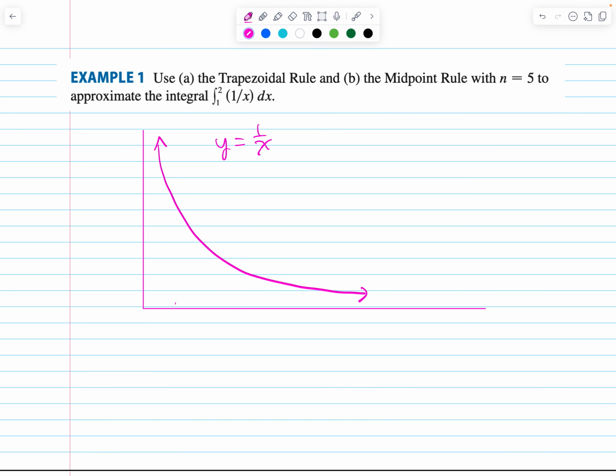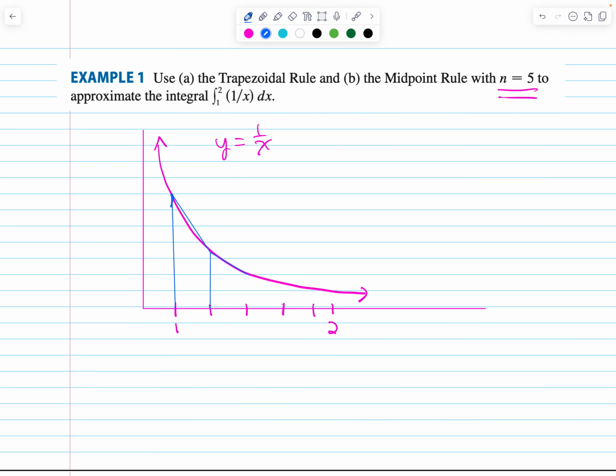Okay. We're starting at 1. We're ending at 2. And we're splitting this into 5 shapes. First, our 5 shapes are going to be trapezoids.